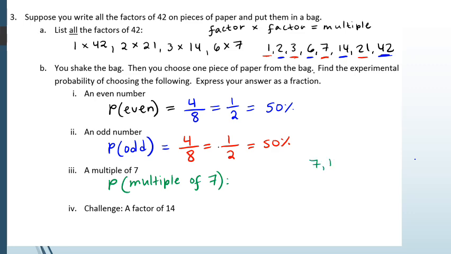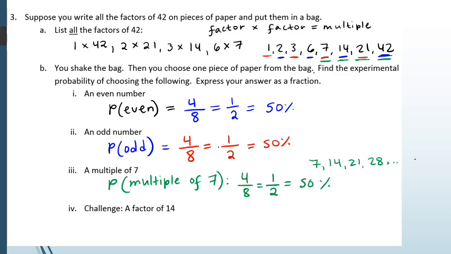So like 7, 14, 21, 28, etc. So looking up above, I can see 7. I can see 14. I can see 7 times 3, 21, and 7 times 6, 42. So that's also 4 out of 8, which can be simplified to 1/2, which is also 50%.